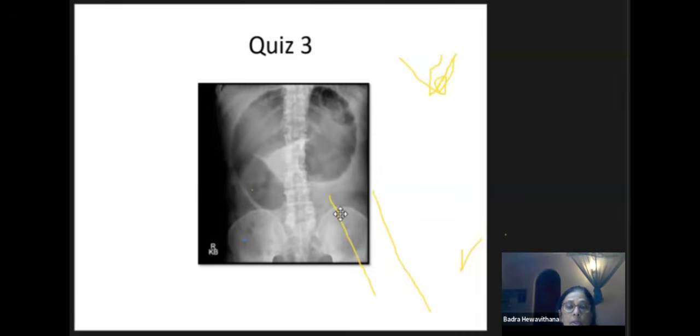So it can't be sigmoid volvulus. It is a cecal volvulus, though it is looking this side, but it is because of the absence of gas in the large bowel. Yes, it is cecal volvulus. Gas would not enter the large bowel. But there is no small bowel obstruction here, no gas in the small bowel. But definitely it is a cecal volvulus.